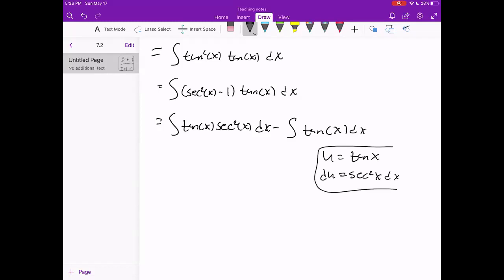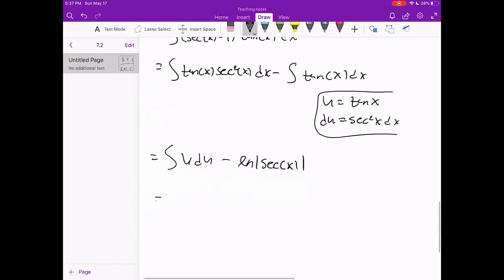Now I just do the u substitution. This is the integral of u for tan x, and secant squared dx is du. So this is the integral of u du minus the integral of tan x dx, which I already know. It's the ln of the absolute value of secant of x. Now I integrate the first term: u squared over 2 minus ln of the absolute value of secant of x.